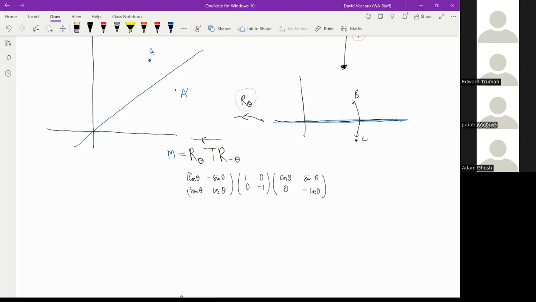Sorry, what am I doing? I think I was starting to matrix multiply. So this is my R theta, this is my T, this is my R negative theta.